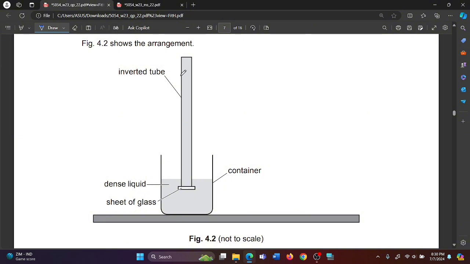Simple. The liquid inside the tube would start to fall out. It will start to fall out and create a vacuum on top, and at the end, the liquid level would stabilize at a particular height.